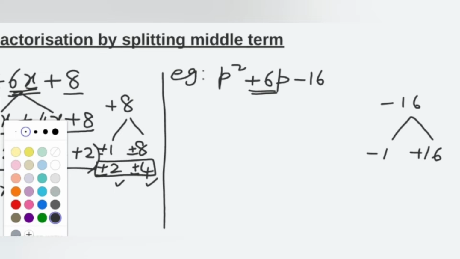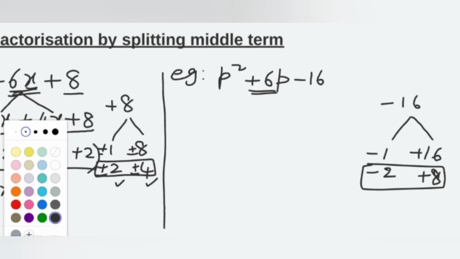So let us put minus 1 into plus 16 gives you minus 16. And next, minus 2 into plus 8. Here I am taking the bigger term as positive. So minus 2 into plus 8 is minus 16, and minus 2 plus 8, if you add, you get plus 6. So these are the right factors for us.